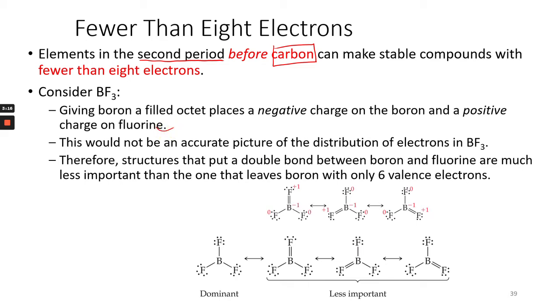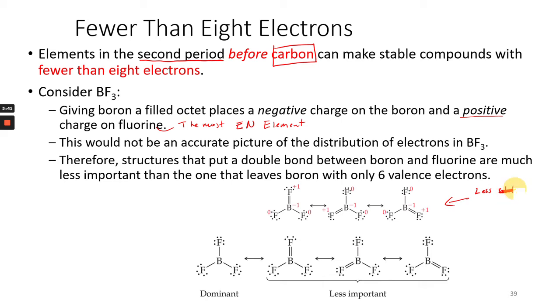Now remember, fluorine is the most electronegative element. And what did we say about what type of formal charge your higher electronegative element should have? It should have a negative charge. So since this is a positive charge, then these here are less stable.